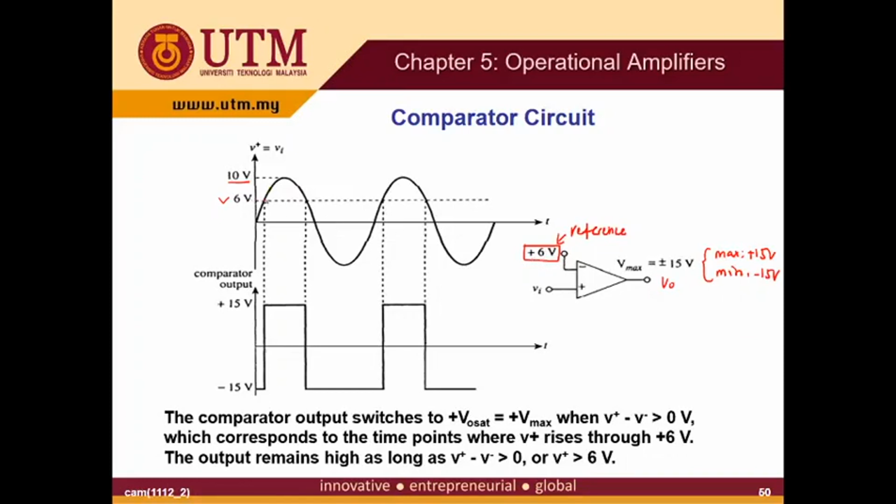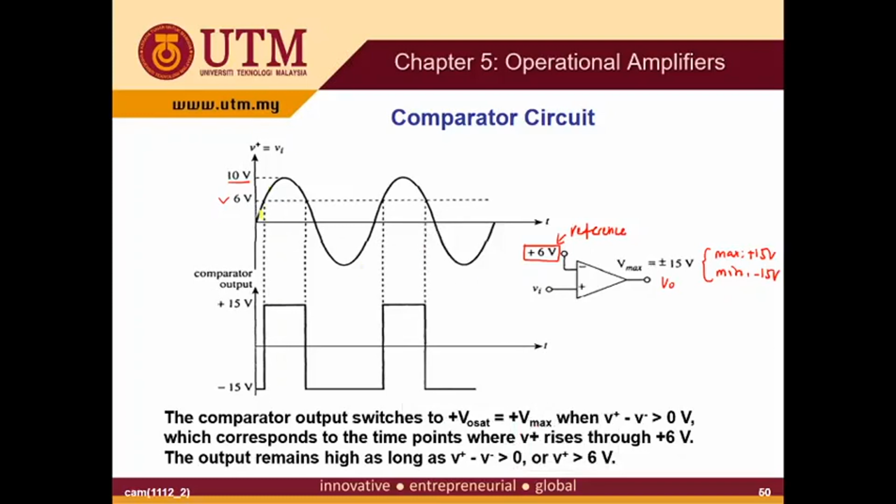So you need to draw the line here. This is your V reference. Why do you need to draw this? Because when you draw this, you can see which part of the signal is the case where the input is larger than the reference.